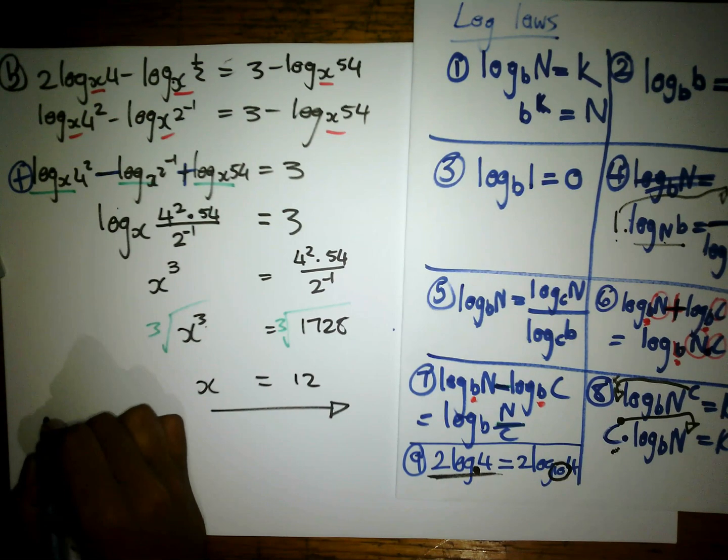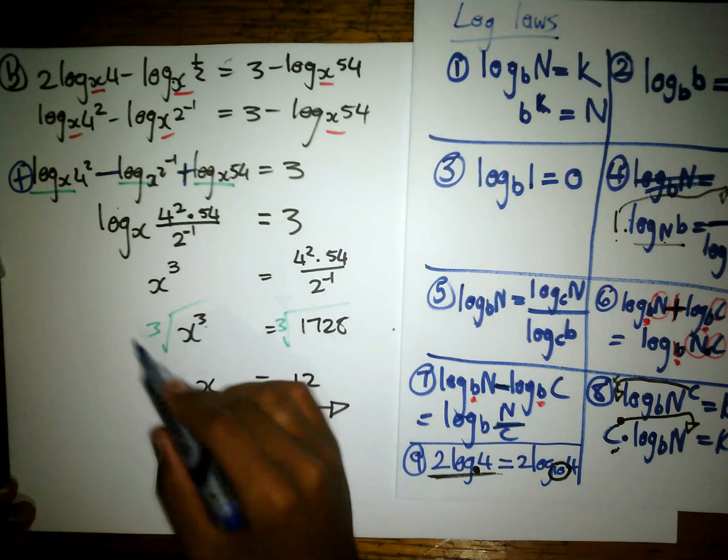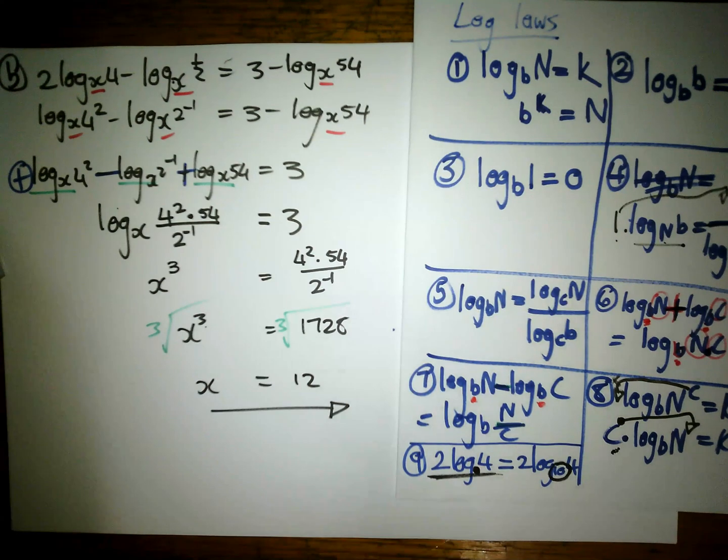If that was a 2, it would have been square root. If it was a 5, it would be the fifth root. If it was a 10, the tenth root. On both sides, ne? Both sides. Yeah, I was just a bit confused there with that one. Okay. Thanks. No problem.